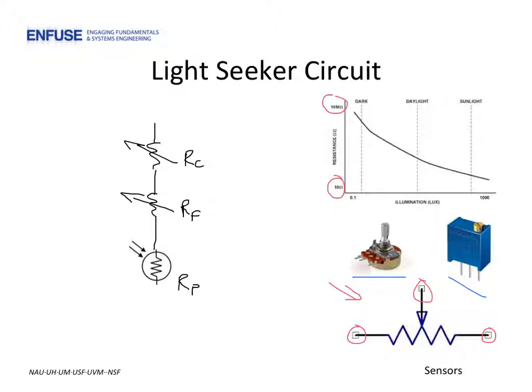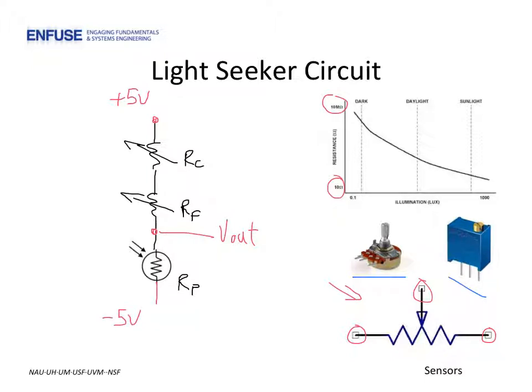Our output voltage of interest will come from this node here, the out, and we'll set the top of this series circuit to, say, 5 volts, and the bottom to minus 5 volts.